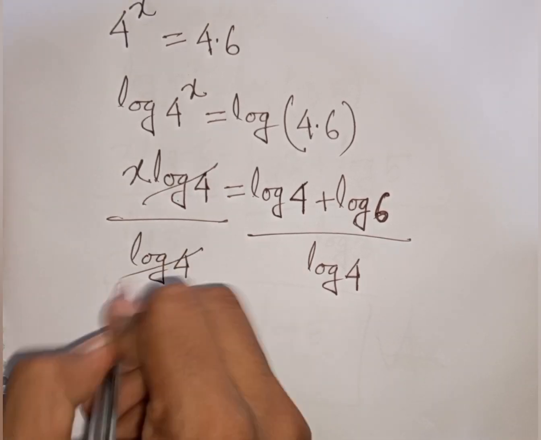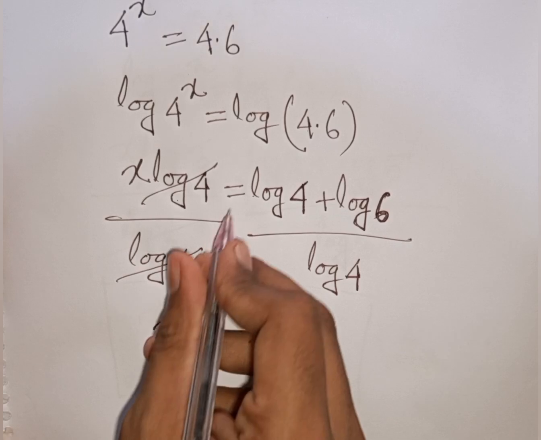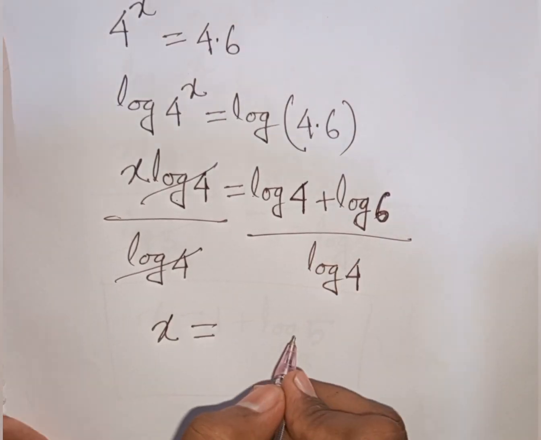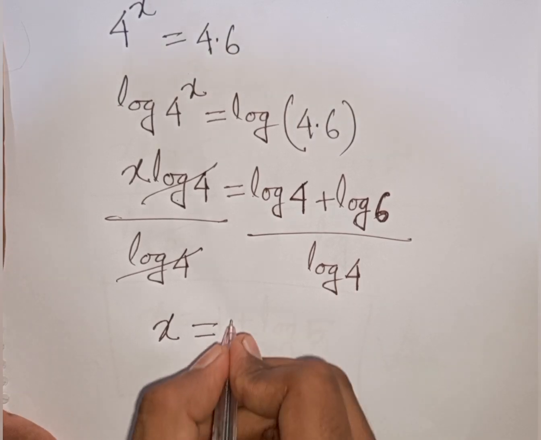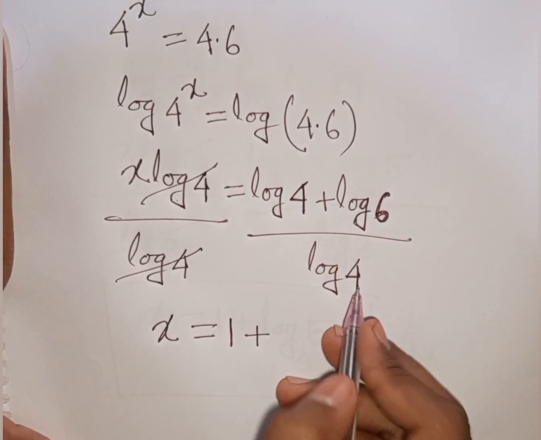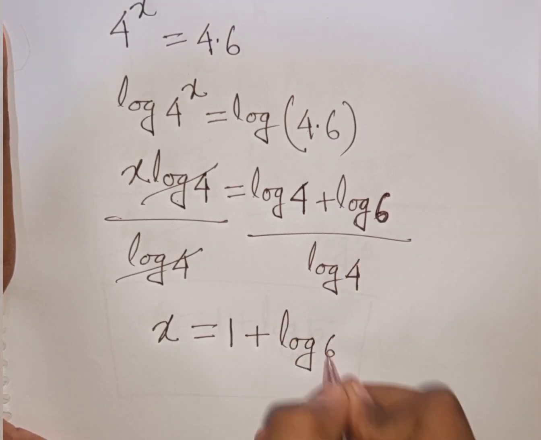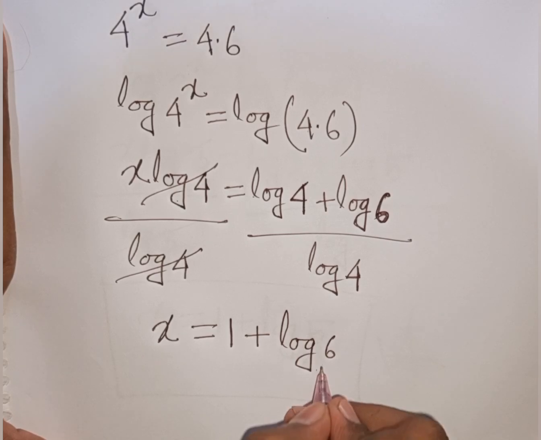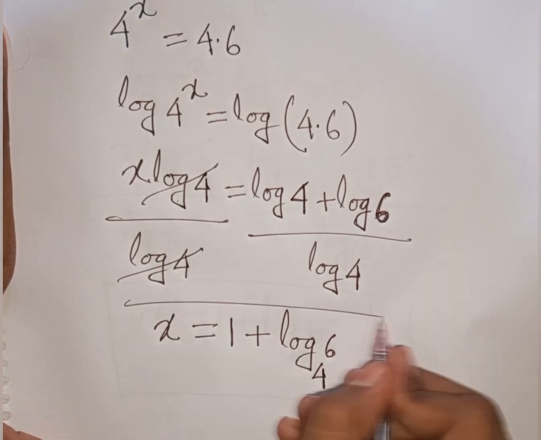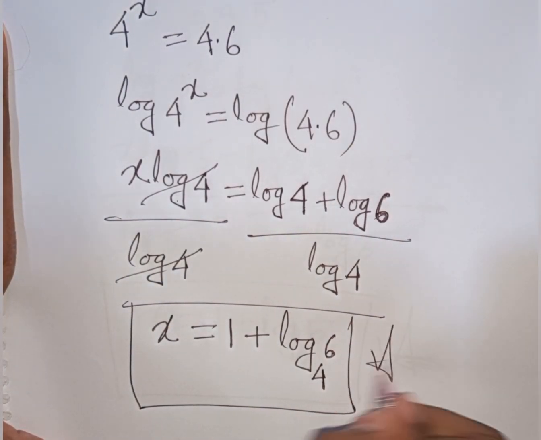Now this log 4 will be cancelled, so here x will be equal to this divided by this, that means log 4 over log 4, that means 1, then plus log 6 over log 4, that means it will be log 6 base 4. So this is the value of x, so this is our final answer.